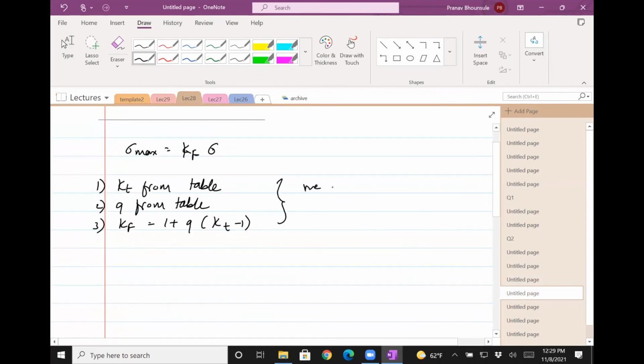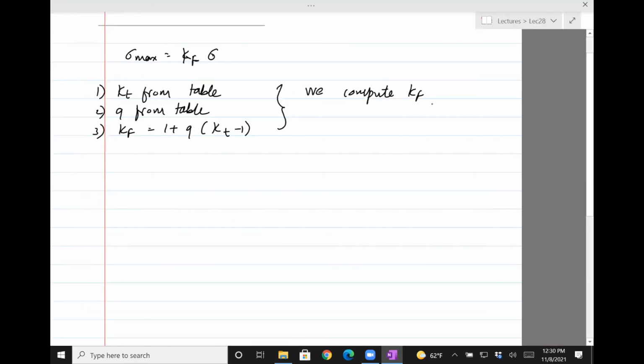So let's put that in. We computed Kf for this geometry in the previous problem, and we found Kf is 1.55. So we'll just use that.